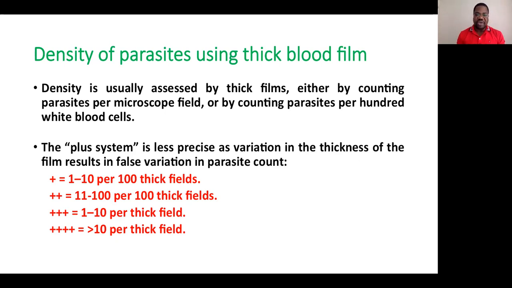When you have 1 to 10 per 100 thick fields, that's malaria 1 plus. 2 plus is when you have 11 to 100 parasites per 100 microscopic fields. 3 plus is 1 to 10 parasites per microscopic field, and 4 plus is when you have more than 10 parasites per microscopic field.